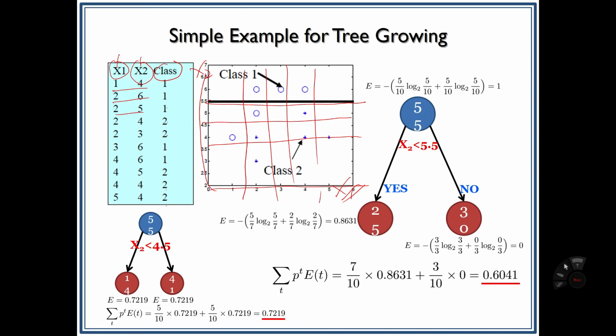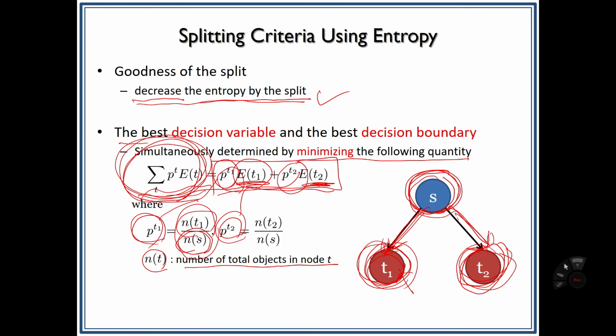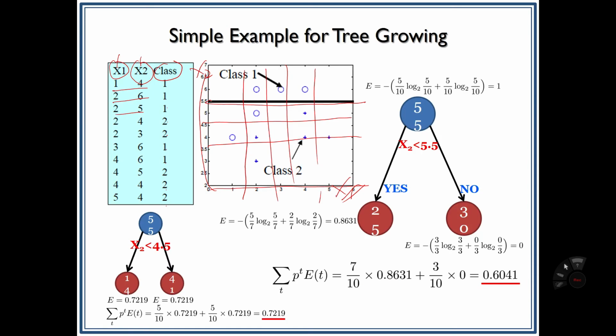So there are 7 possible splits. Then which split should be selected? The split should minimize this quantity. So we compute this quantity, the weighted average of the entropies, for all possible splits.